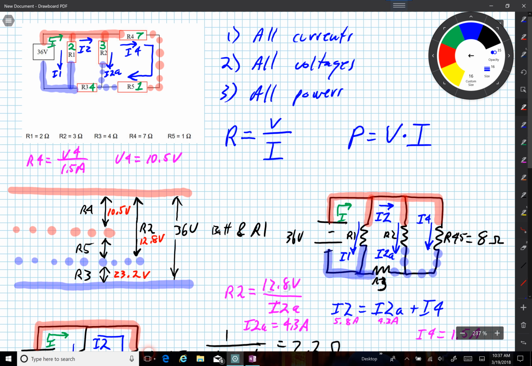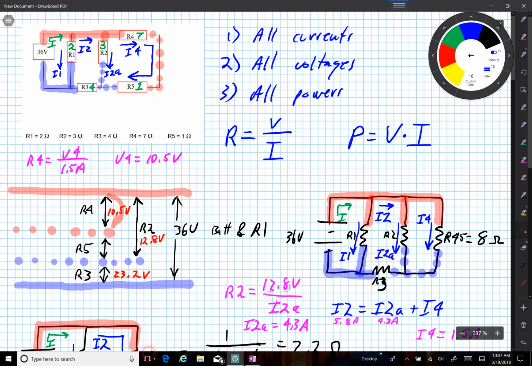And now look. I know that going from solid red to dash blue is 12.8 volts. That's one jump. Here I'm making two jumps to go from the same place to the same place, from solid red to dash blue, in two jumps. I know the total jump is 12.8.